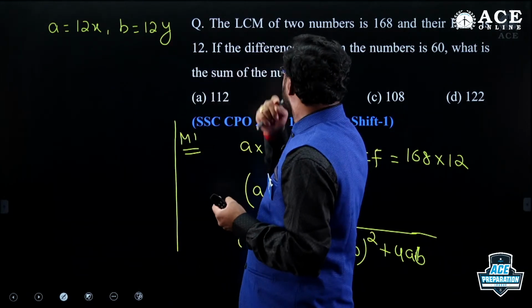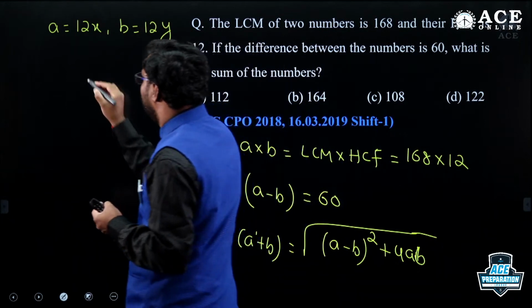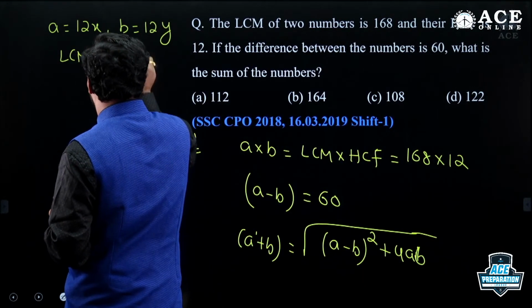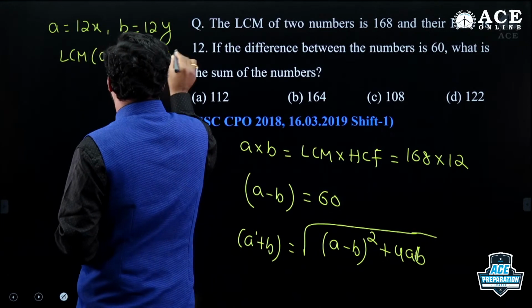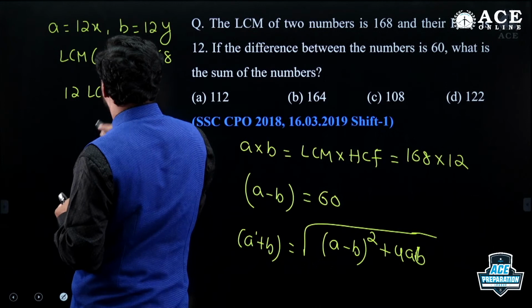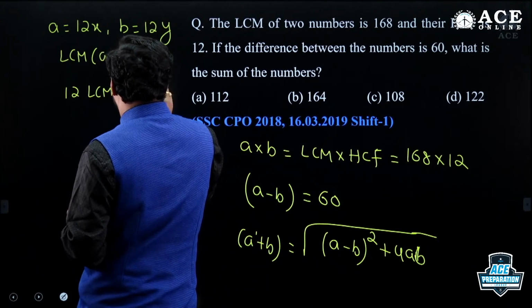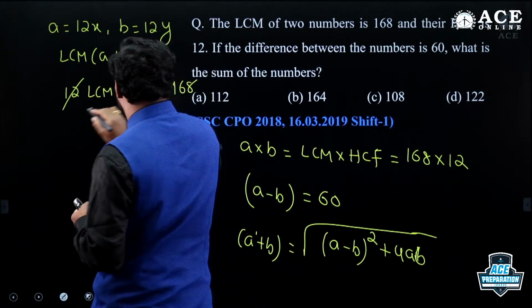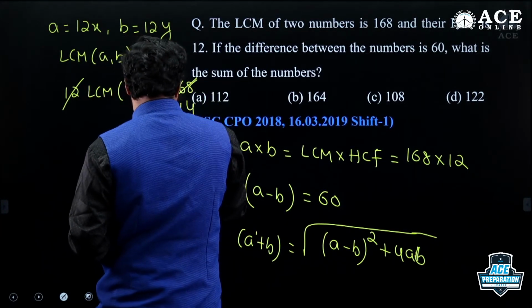And now LCM is 168 for these two numbers. LCM is 168 means it's 12 into LCM of x and y is nothing but 168. I can say this is 14.